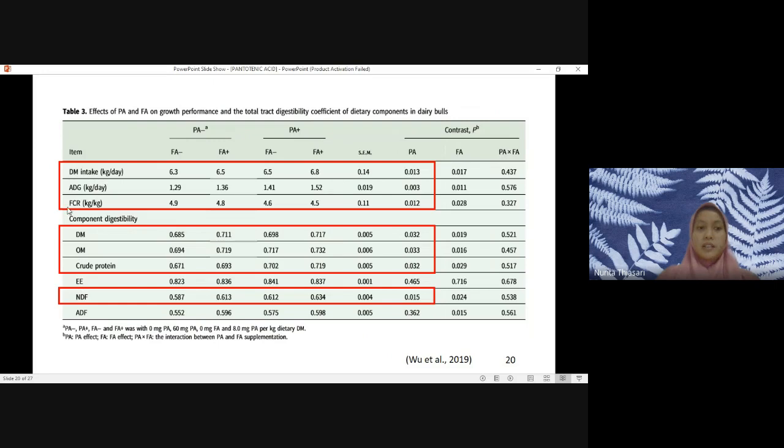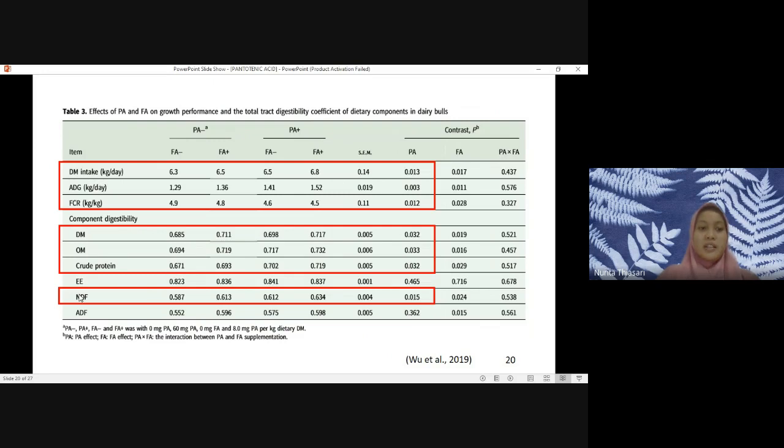But the value of FCR becomes lower. And then for the component of digestibility, we can see the dry matter, organic matter, and crude protein digestibility is getting higher compared with without the addition of pantothenic acid.